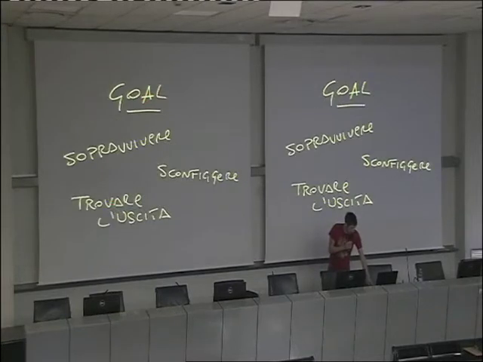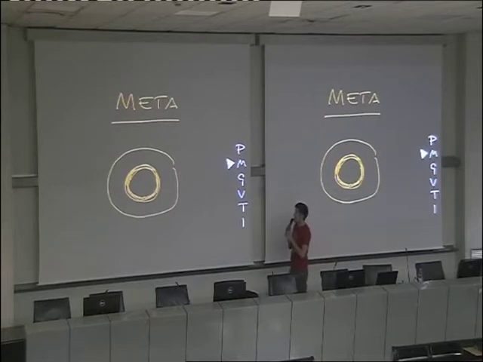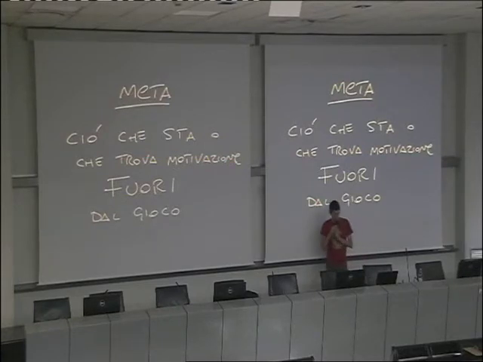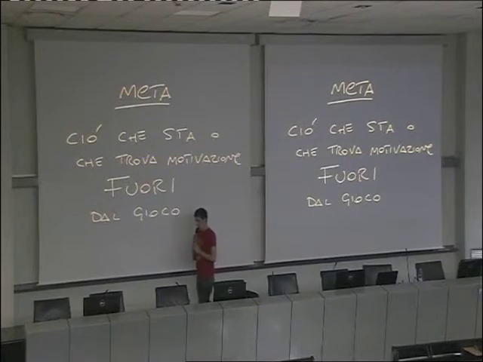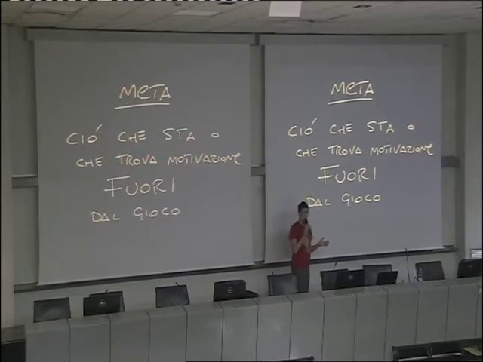In contrast, we have the meta layer, which is what happens outside the layer of the game, outside the situation of the game. For example, when you have a high score table, for example in a shoot 'em up, you probably play because you want to make the highest score on the table, okay?